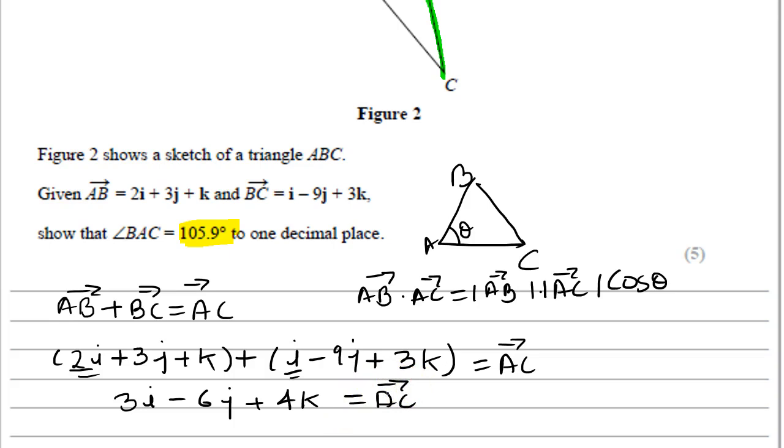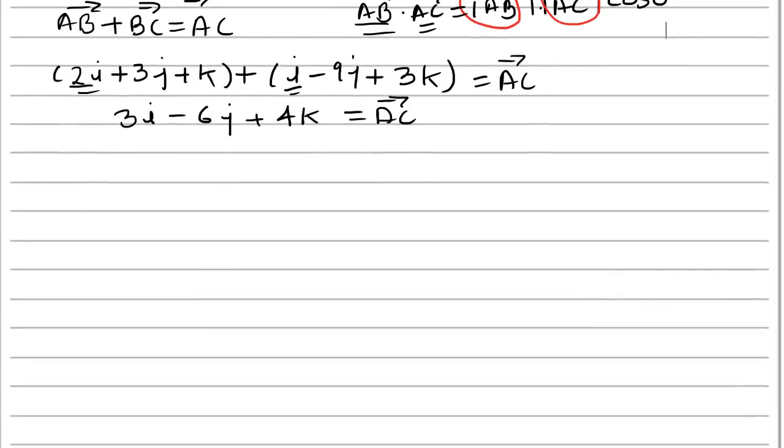Now what else do we require? So we know AB and AC. We don't know the modulus, right? So we are going to calculate the modulus of AB and the modulus of AC. So let me scroll down. Modulus of AB vector will be 4 plus 9 plus 1.